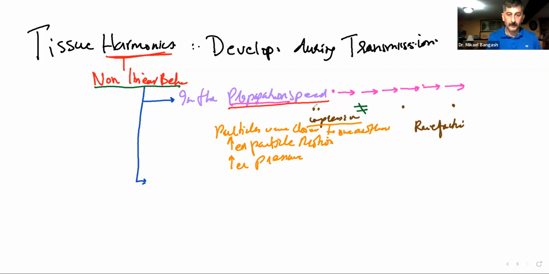Or we can say one particle will apply a greater pressure on the other particle during compression. And we can also say that there's going to be a greater density of particles if they are compressed.